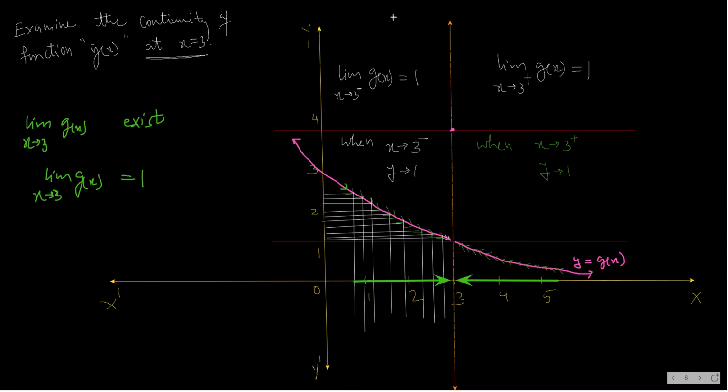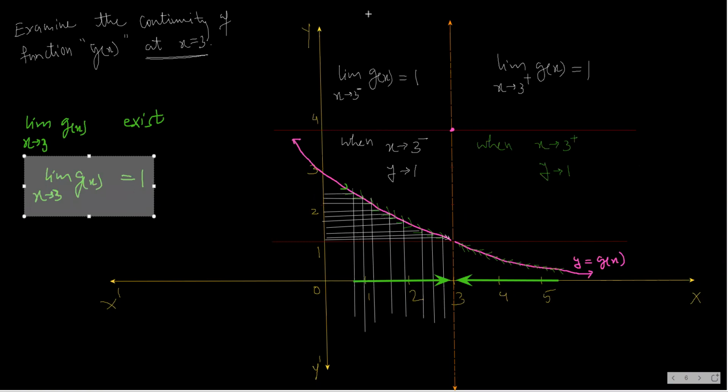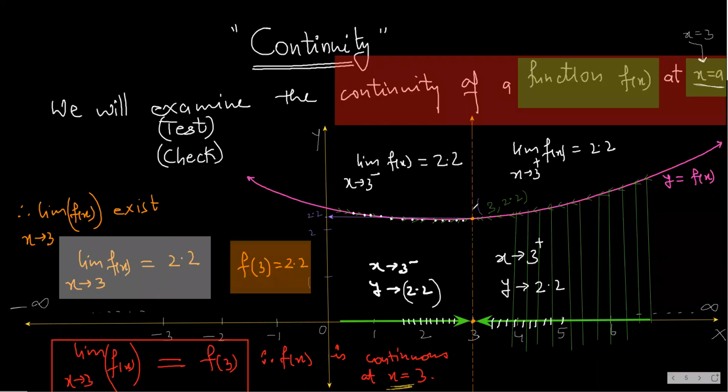I want you all to make a note of this step in this diagram and the similar step in the earlier diagram. In the earlier example also, the limit of the function existed. And what was the limit? The limit value was 2.2.